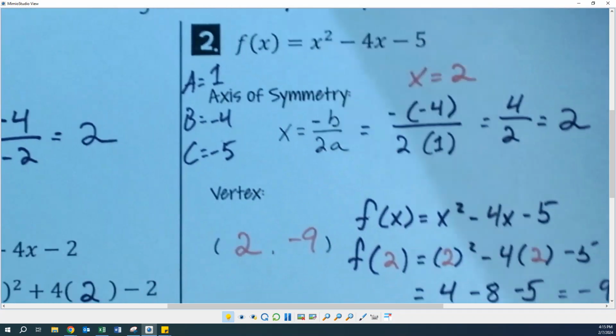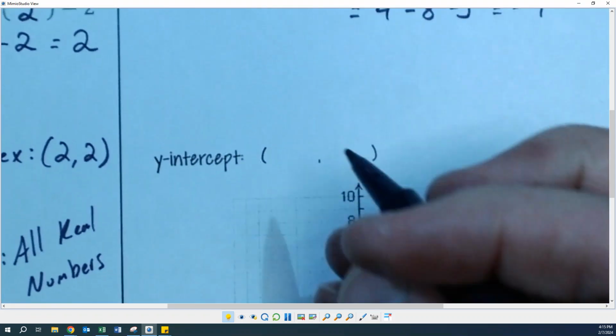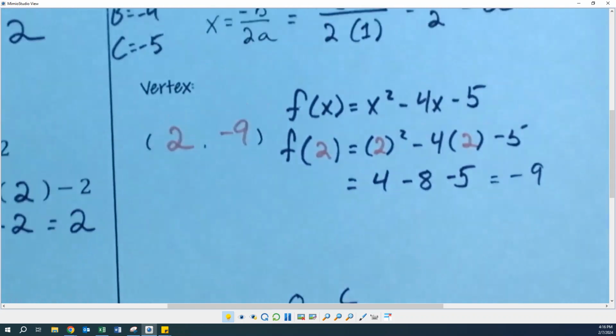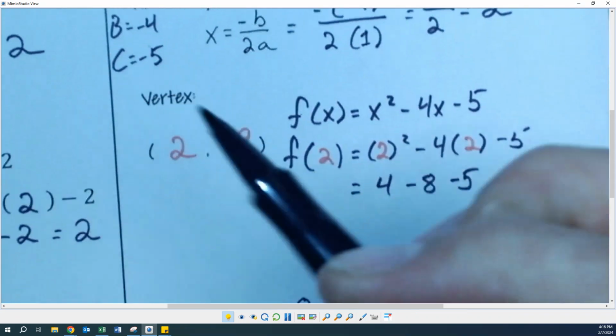Your y-intercept is always 0 and your c value. In this problem, your c value is negative 5.